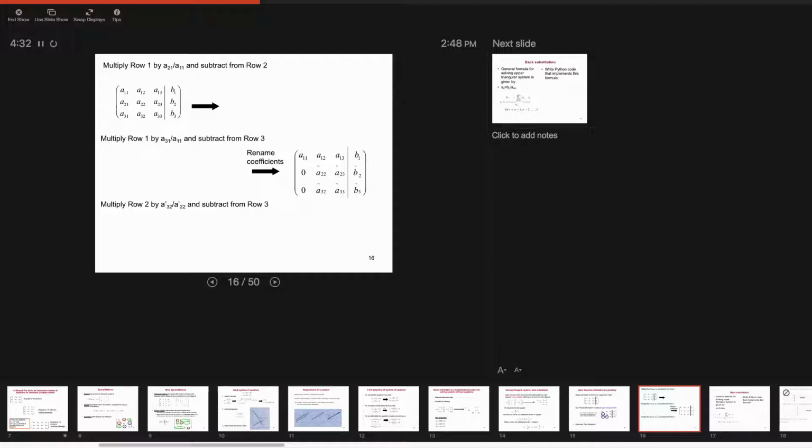So what did you get as that second row? So my second row is 0, A22 minus this C, A21 over A11 times A12.